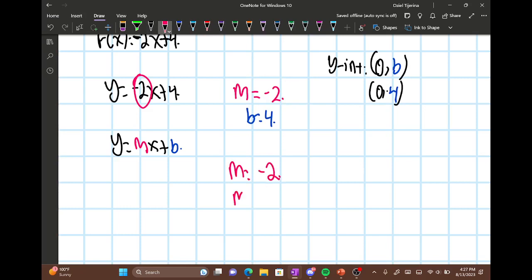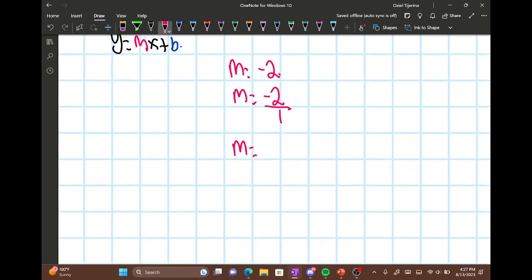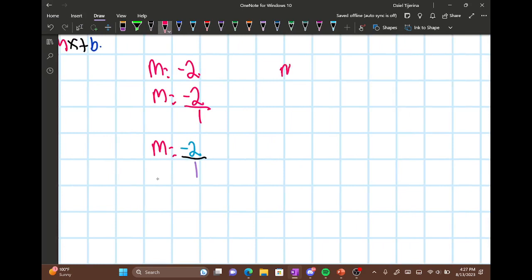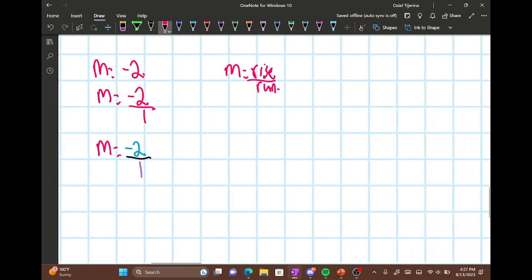That's my slope, and we can rewrite it as -2 over 1. And we always say the slope is rise over run. I'm just defining these things, guys.